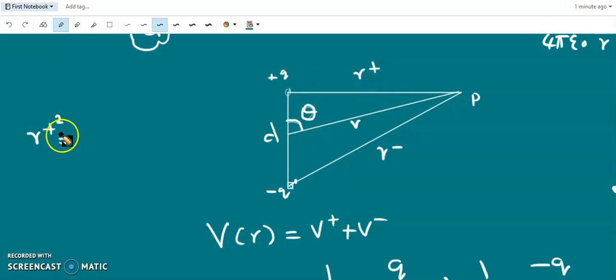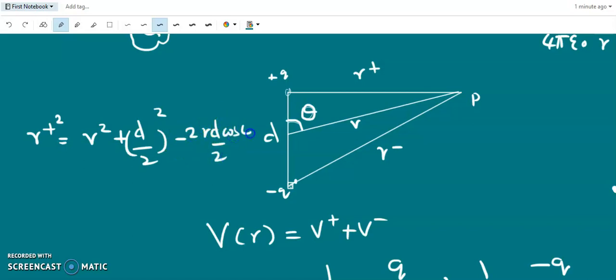So the third side square is equal to r square plus d by 2 whole square minus 2 r into d by 2 cos of the angle between them. You are already familiar with the law of cosines, and therefore you can write r plus square is equal to r square plus d square by 4, and 2 cancels over here, and we have minus rd cos theta.